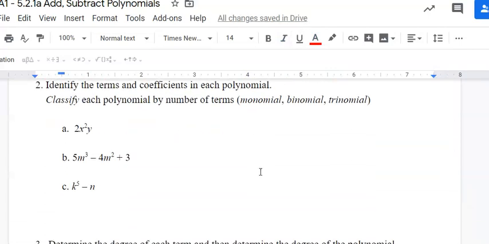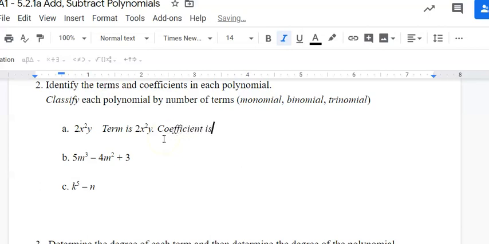Number 2 says identify the terms and the coefficients in each polynomial. So remember, the terms are separated with pluses and minuses. In 2a, there is just one term. So we're going to say the term is the whole thing. And I'm just going to copy it. It'll make this faster. Next, the coefficient.